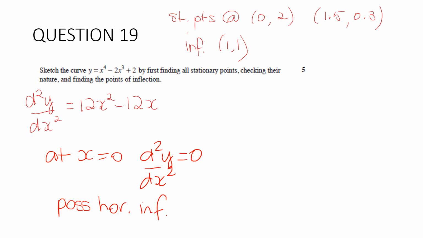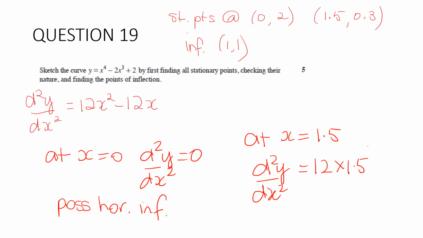But at x is equal to 1.5, our second derivative is equal to 12 lots of 1.5 squared take away 12 lots of 1.5, which is equal to 9, which is greater than 0, so concave up, it is a minimum.